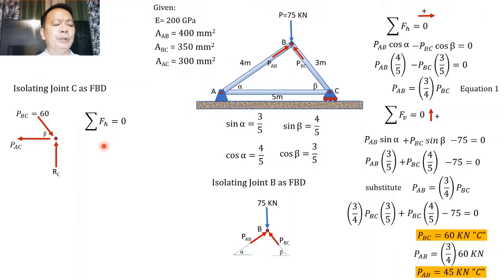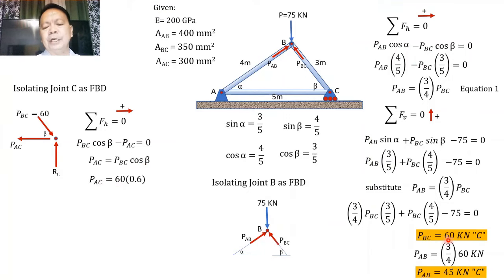If we consider force directed to the right as positive, our equation will be the horizontal component of BC minus P of AC equals 0. Substituting cosine of beta, which is equal to 3/5, P of AC is equal to P of BC cosine of beta, so this is equal to P of BC, which is already computed at 60, multiplied by cosine of beta, which is 3/5 or 0.6.